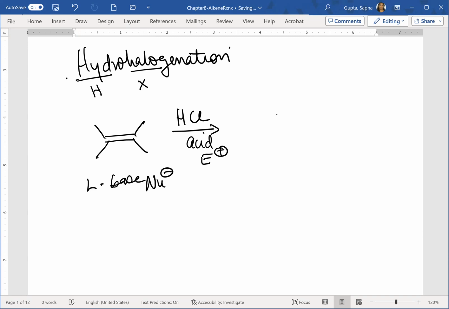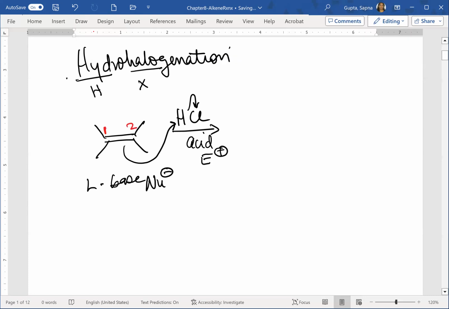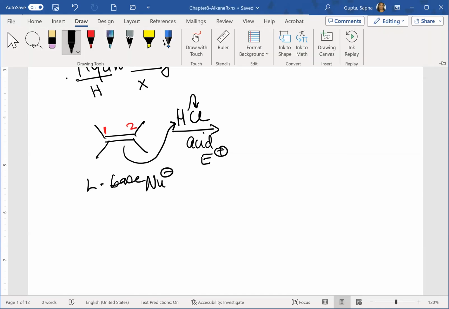So once we've clarified all of these things, then we can start our arrow, because the arrow starts from the nucleophile and goes to the electrophile. What is my electrophile? The electrophile is the H, not the Cl, because the Cl is going to be minus. So what happens there? Once you pick up a proton, now you have two choices. You have carbon number 1, carbon number 2, and this is not about nomenclature. This is just about the double bond. Where are you going to place that hydrogen?